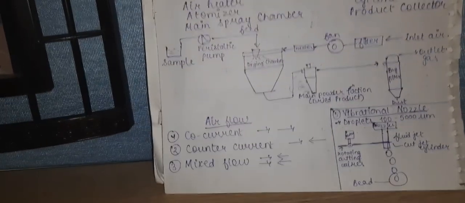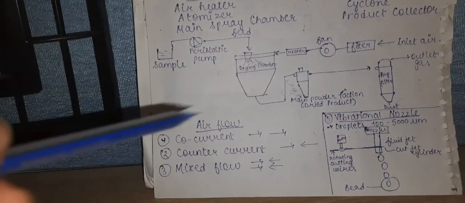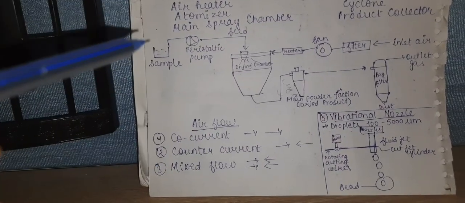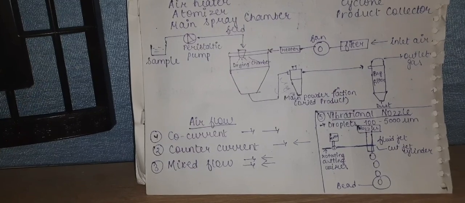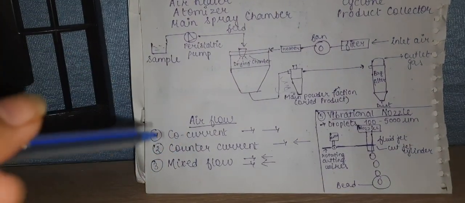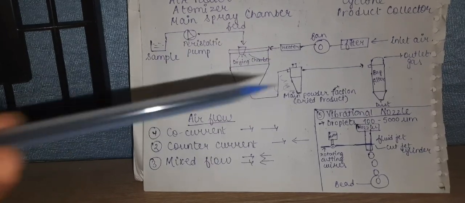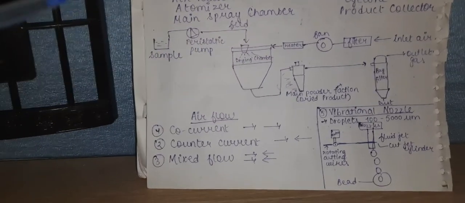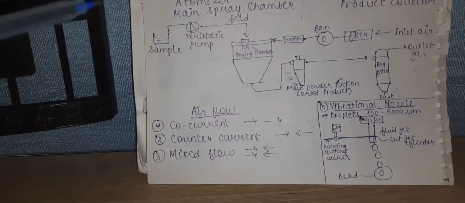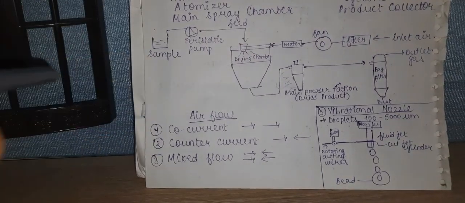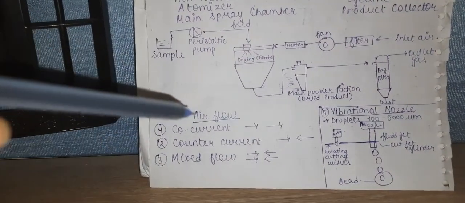Now here the flow of air is of 3 types. Number 1 is co-current. Co-current means your particles and the air flow are both in the same direction. If they are moving to the right, both of them are moving to the right. If it's left, then both of them are moving towards the left side.